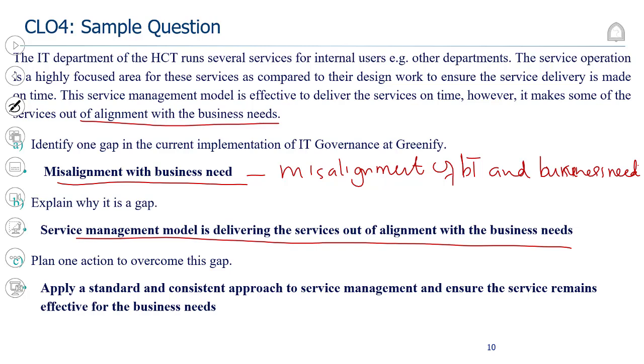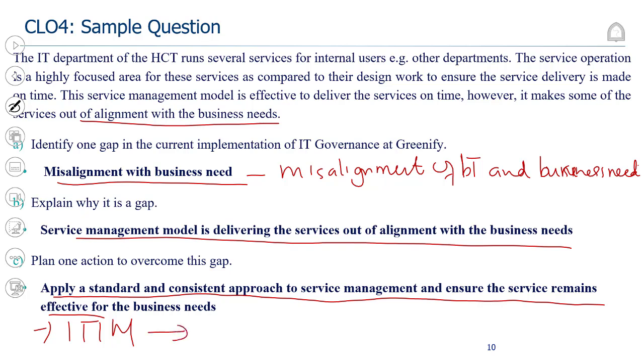Action plan, for example: you can apply a standard and consistent approach to service management and ensure that the services remain effective for business needs. Another thing you can do, for example, is implement ITIL to ensure IT is aligned with the business.